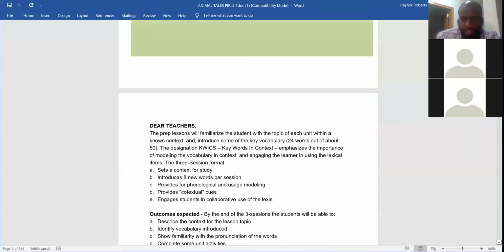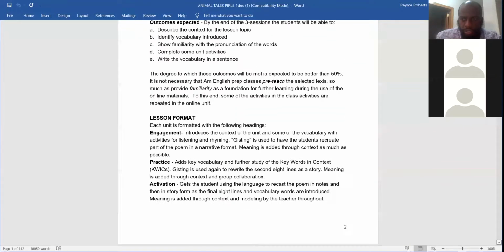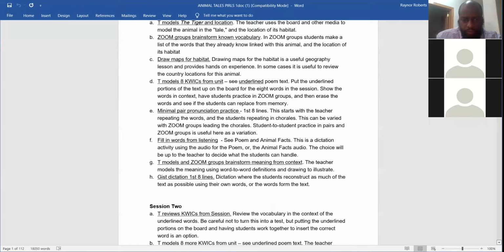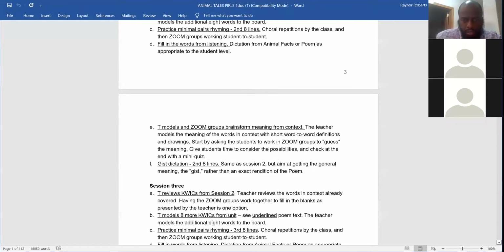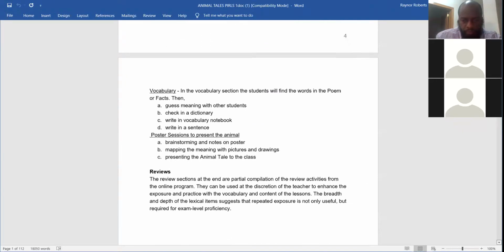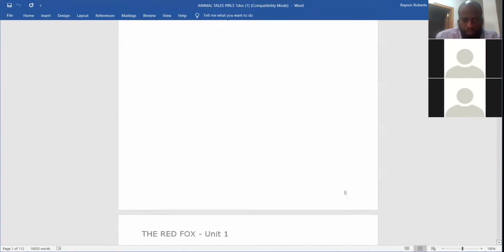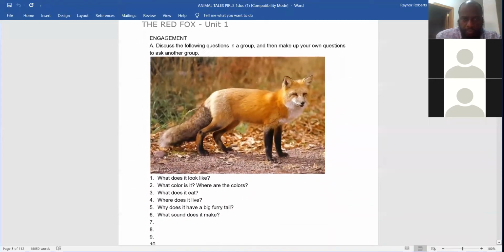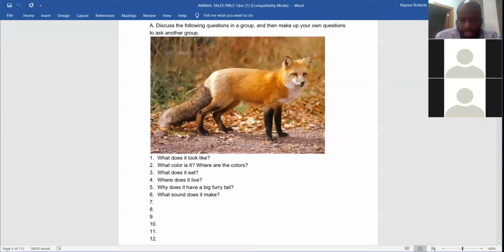And I'm going to ask you guys some questions. All right, let's look at the first picture here. Can anybody tell me what they see here? You can write it in the chat. Can anybody tell me what they see in the picture?